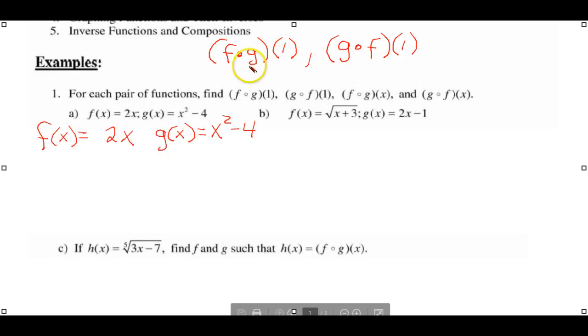So in this first example they're asking us to take G, which is this here, and put a 1 to replace the X. So let's do that. We're going to put a 1 right there.